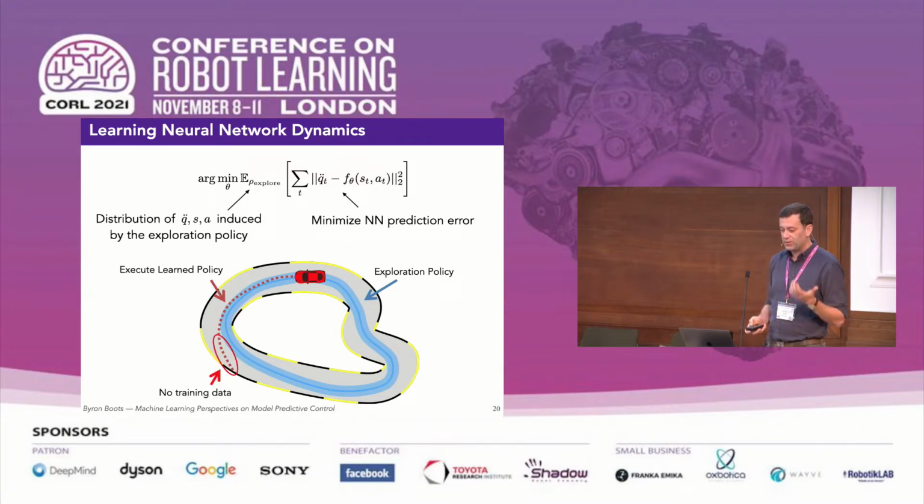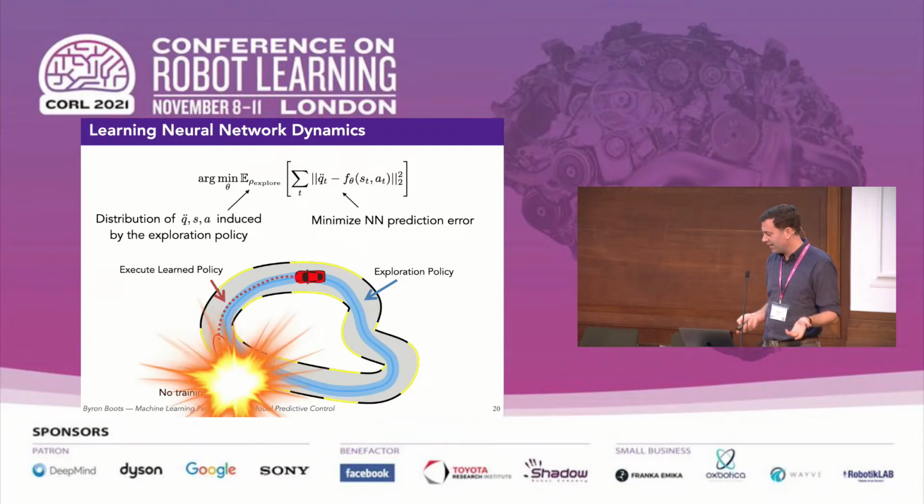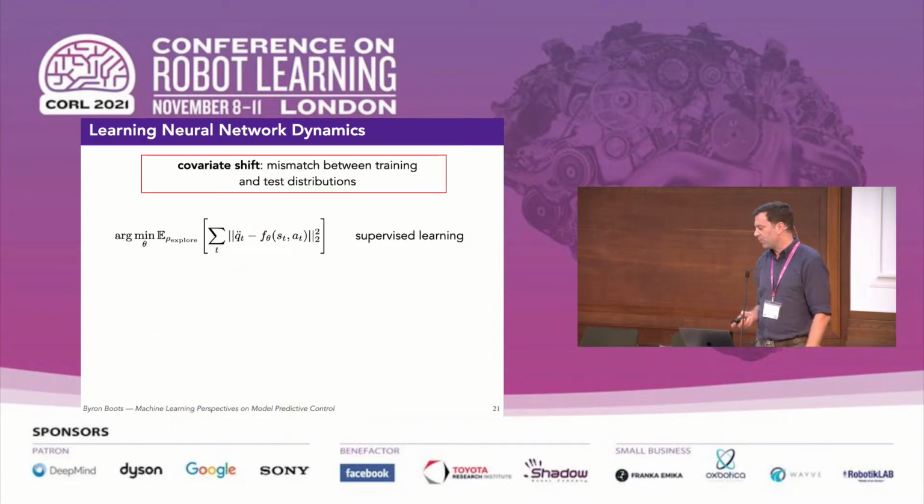And if MPC strays too far, then the car starts to experience trajectories that it's never encountered before. And this causes errors to accumulate even more rapidly, and then really bad things happen. Okay. So this is an instance of a problem called covariate shift, which is basically a mismatch between the training and test distributions.